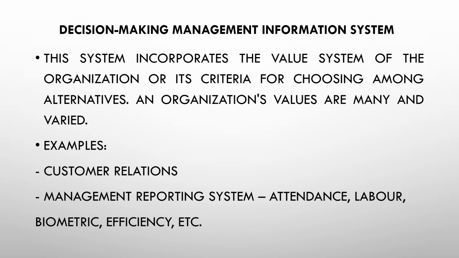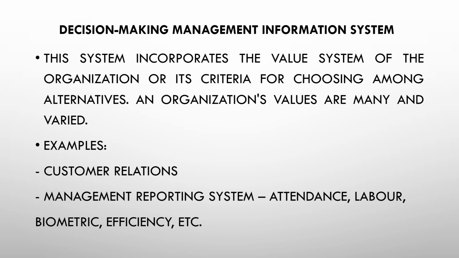But one thing I want you to know here is that it is mainly based on the values of the organization. What are the organizational values? So when you talk about the decision-making system, it is built mainly on the values of an organization.